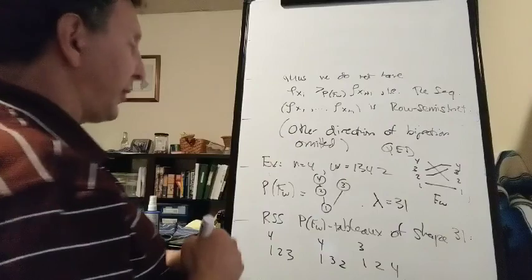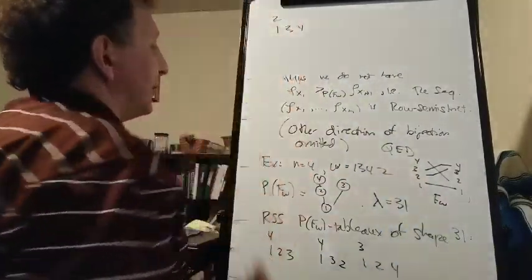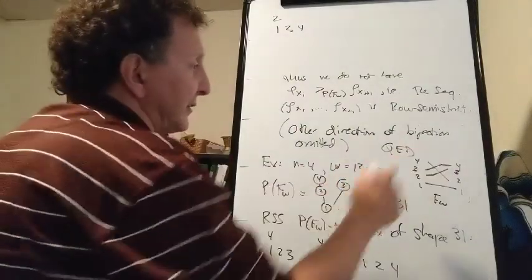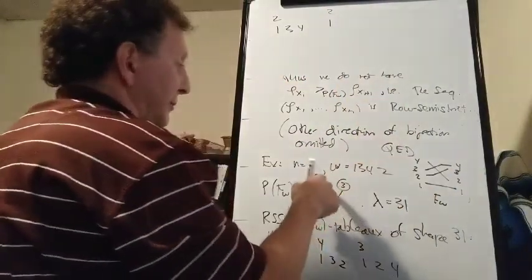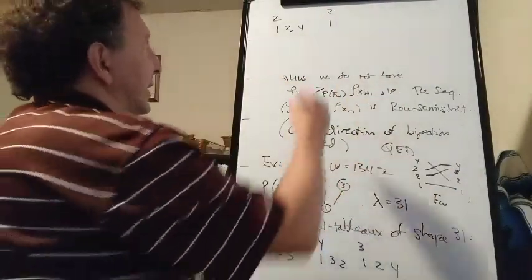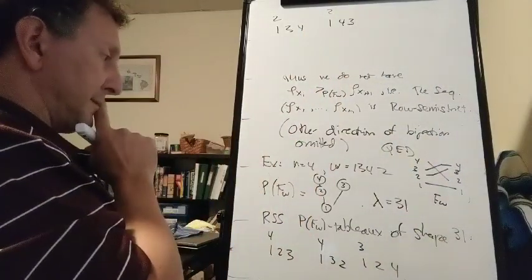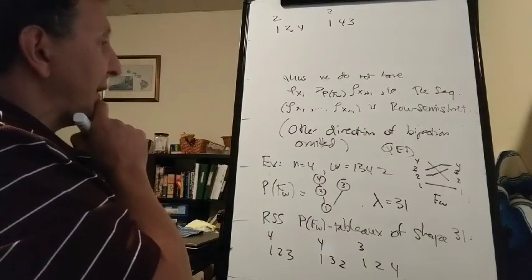Alright, so we could have 1, 3, 4 in the first row and 2 in the second row. 1 is less than 3 and 4, so it definitely has to come first, but 4 is allowed to come before 3 because they are incomparable. And that's all we can do with 2 by itself.